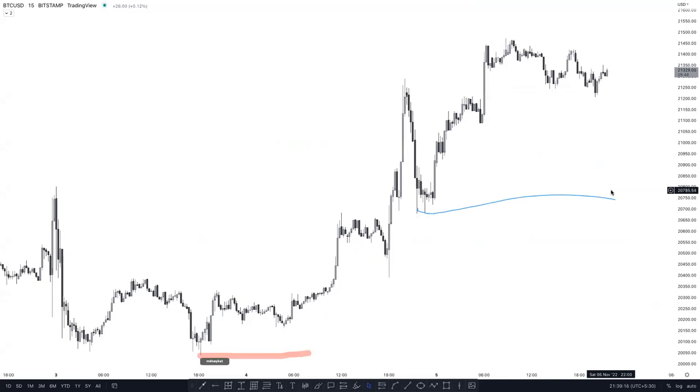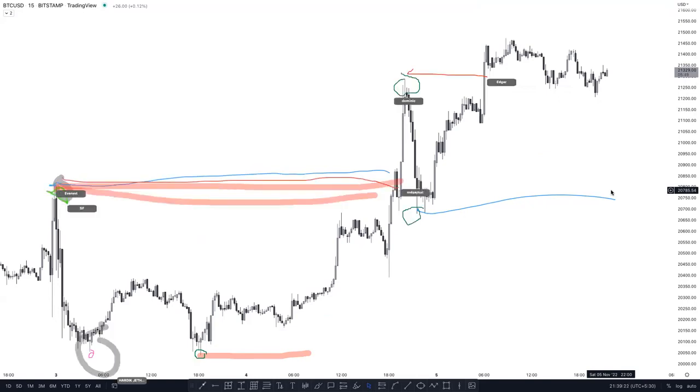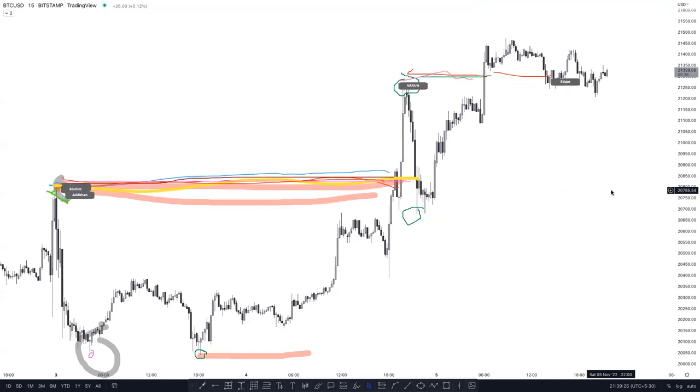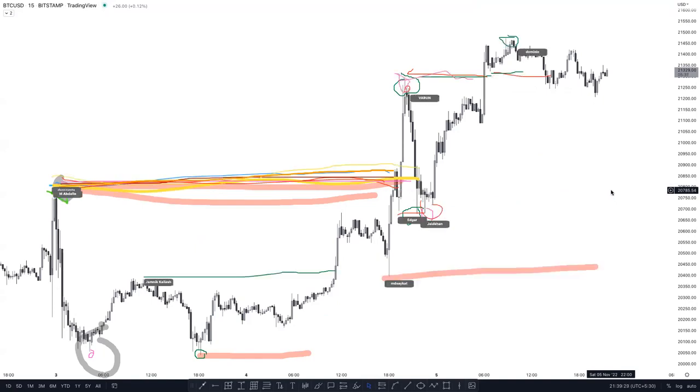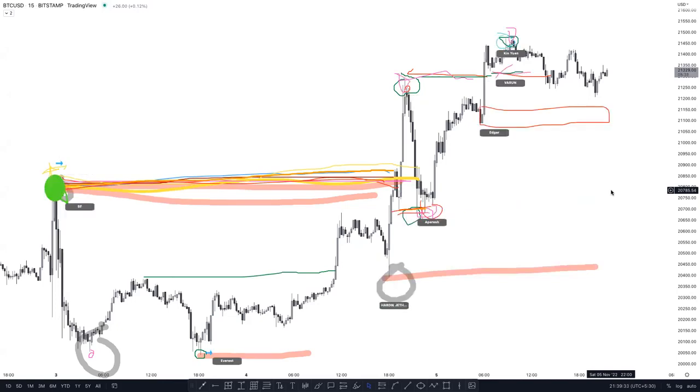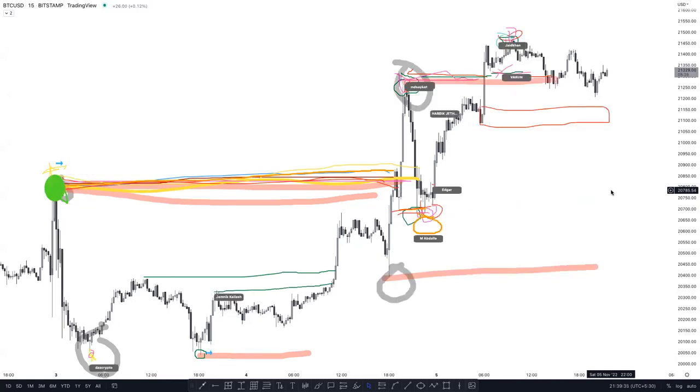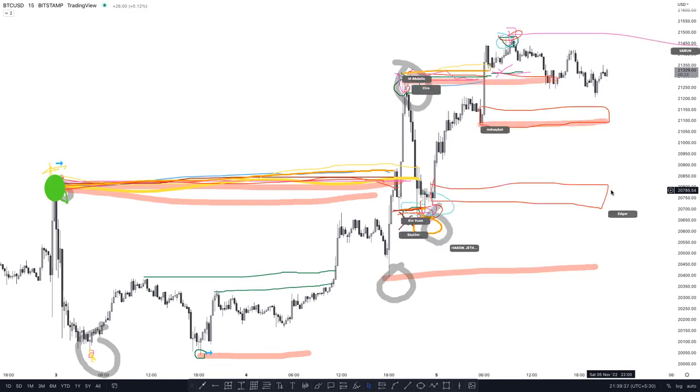Mark the valid higher high, lower low, and lower high, meaning the structure. Everyone, mark the valid structure here.